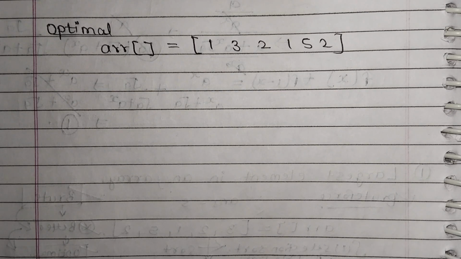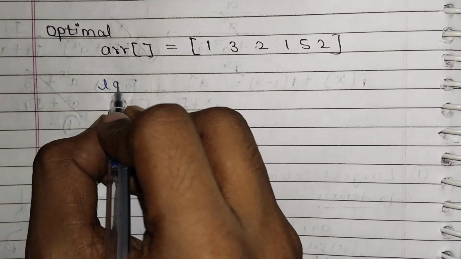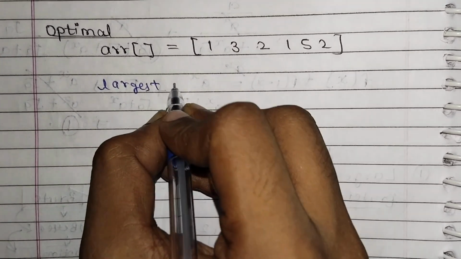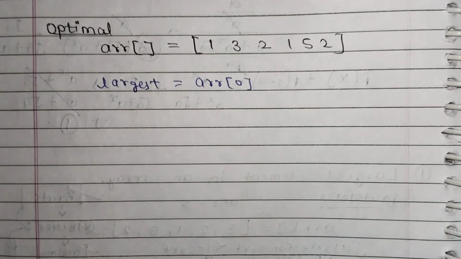Now we move on to the optimal approach, because, as I said at the start of this video, a better approach does not exist for this question. First of all, we declare our largest element, which is arr of 0 at index 0.